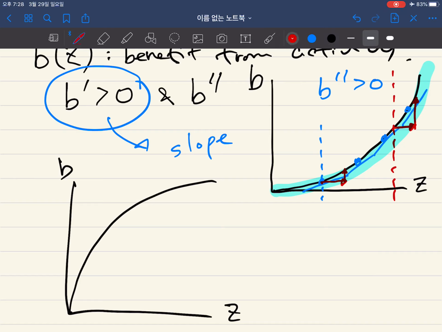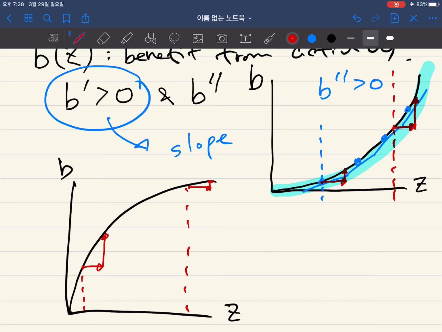It means when your activity is small, additional activity gives you a lot of benefit. When your activity is a lot, additional activity increases your benefit but by a small amount. So this kind of graph seems more realistic, so we're gonna use this benefit function here.